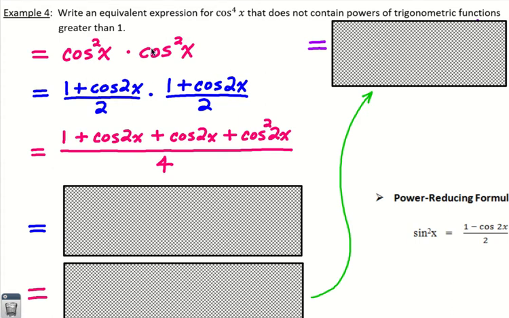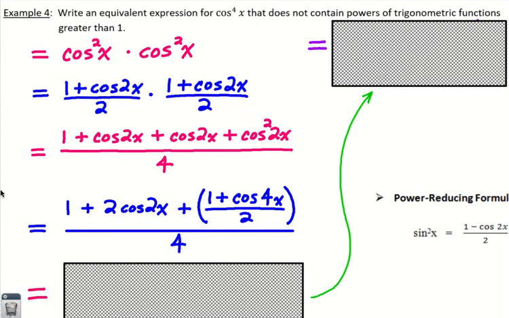You need to FOIL it out and do all that distributing. Oh, and look what I got here. Well, this term and this term combined together, they're like terms, but the big issue is that I have a power of 2. I'm not really supposed to have a power of 2 in my final answer.